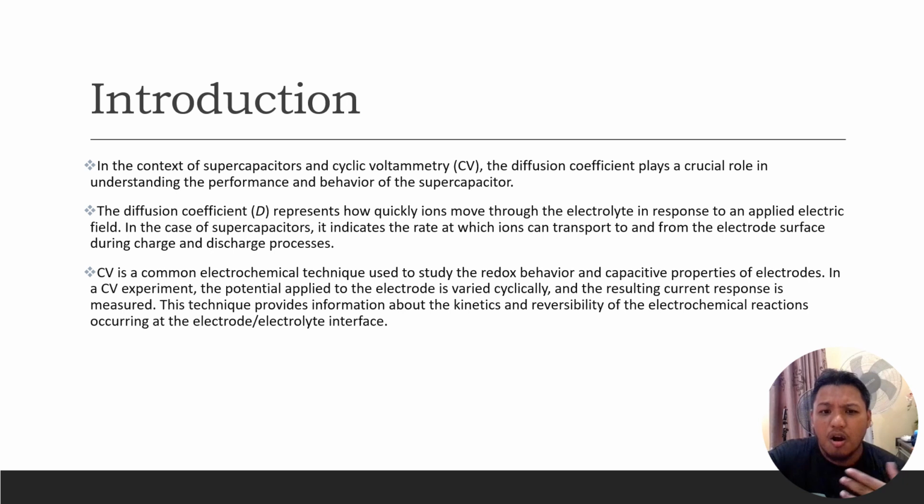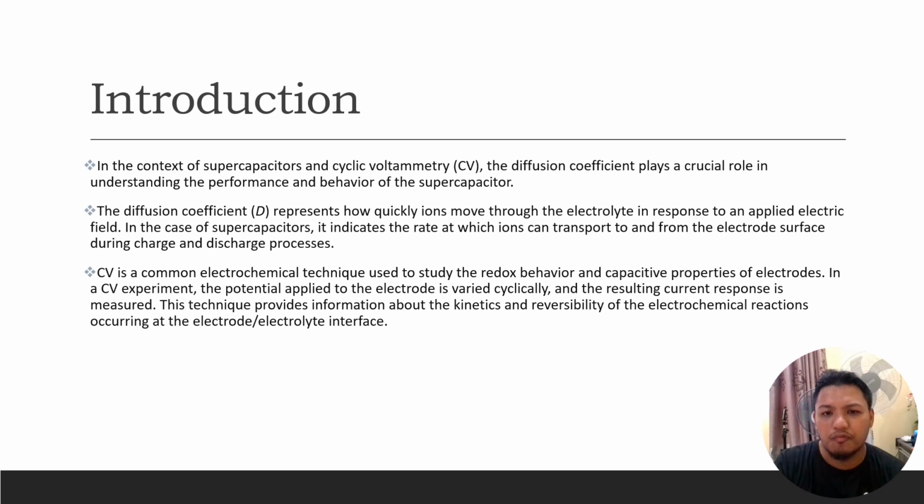CV is a common electrochemical technique used to study the redox behavior and capacitive properties of the electrode. In a CV experiment, we vary the potential applied to the electrode, and the resulting current response is measured. For example, we set our potential window from 0 to 1 V at different scan rates.